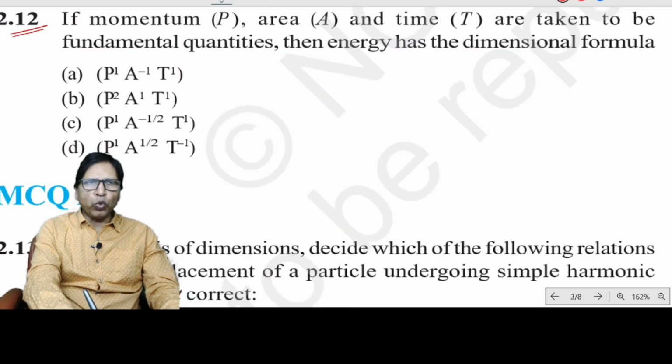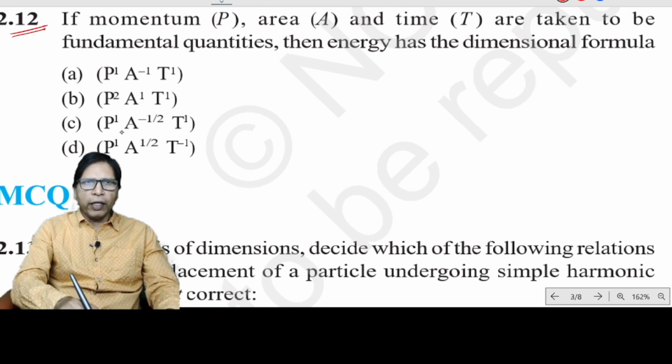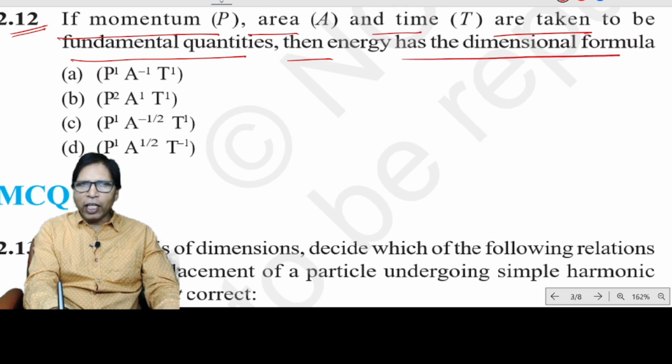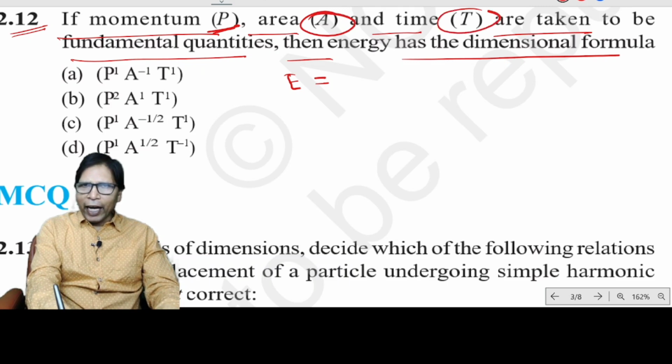Now question 2.1. If momentum P, area A and time T are taken to be the fundamental quantities, then energy has the dimensional formula. Now energy E can be expressed in terms of momentum, area and time.